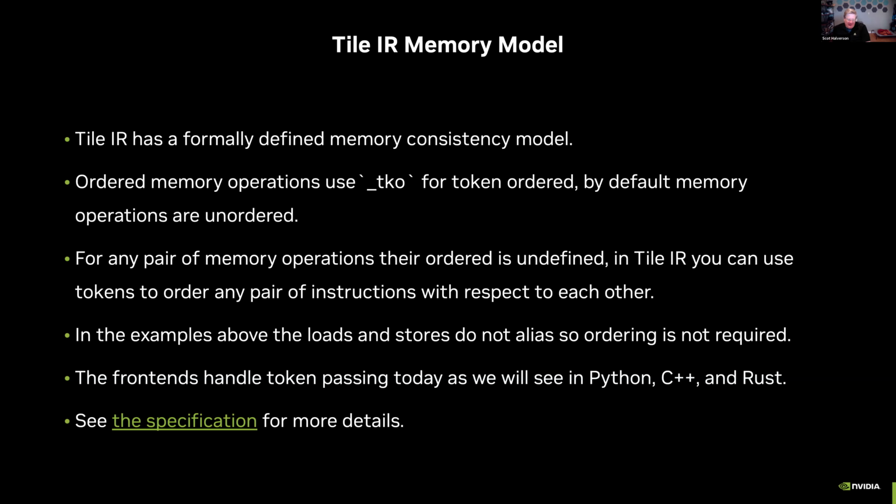So what this means in practice is that for any pair of memory operations, the order is undefined. And in tile IR, you can use tokens to order them as necessary. And some of this will happen on your behalf behind the scenes. This is in the context of the intermediate representation. So what we're seeing with the Python implementation is the high level language specification.